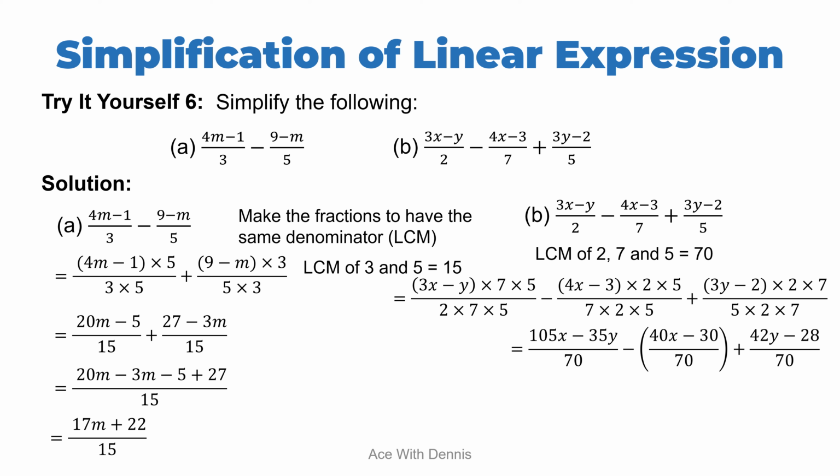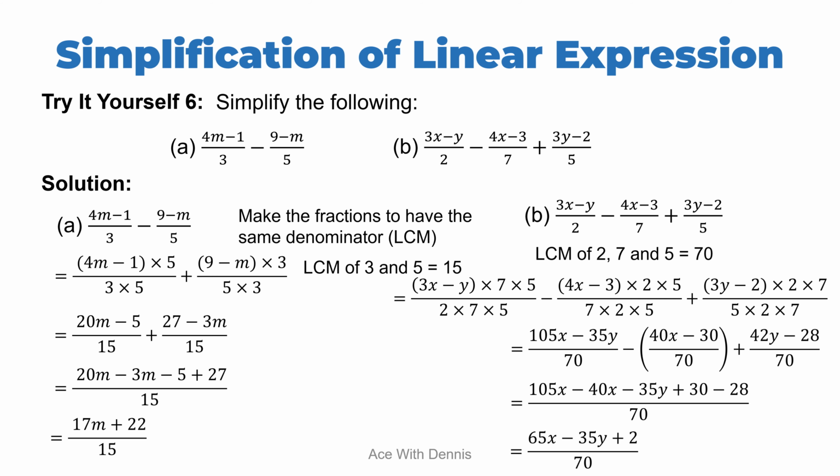Then we expand the bracket. We get 105x minus 35y over 70 minus bracket 40x minus 30 over 70 plus 42y minus 28 over 70. Group the like terms together and simplify further. The answer is 65x minus 35y plus 2 over 70.